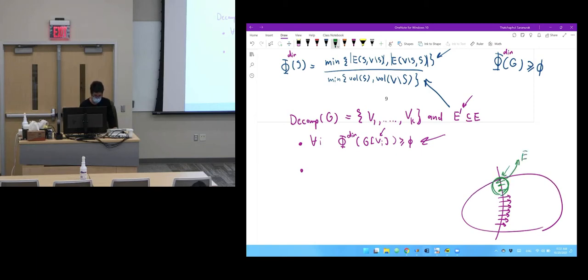Put it into E prime. Like we keep finding sparse cuts. So if we do it this way, then the size of E prime is going to be at most 5 times m log m, right?